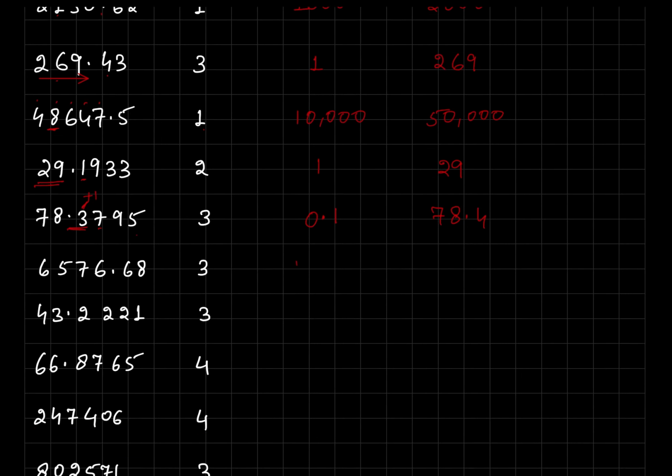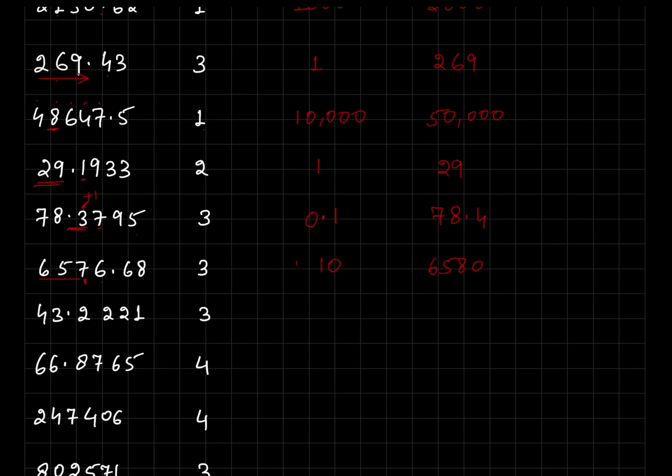Now the next is 6576.68. Correct up to 3 significant figures, we have to write this much only. So this is the tens digit, so round up to 10. After 7 we have 6, which means this will become 658, and then in place of 6 we will write 0.